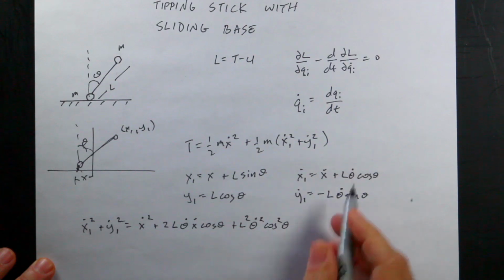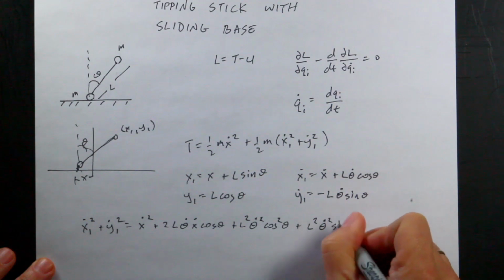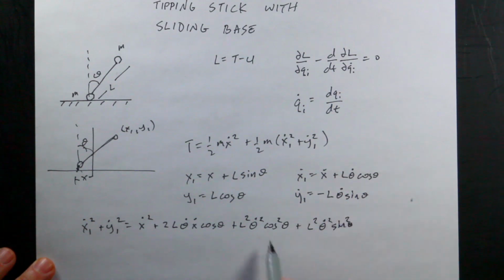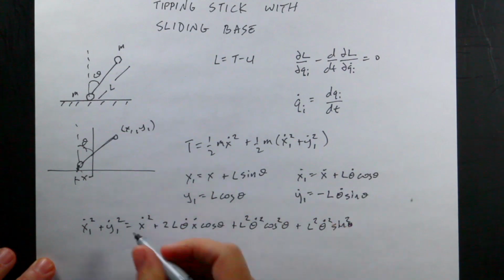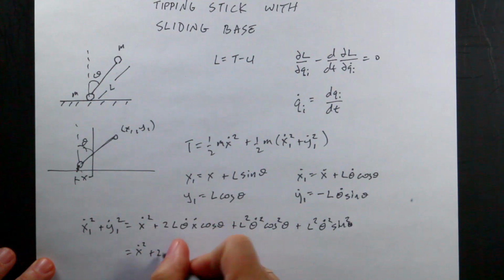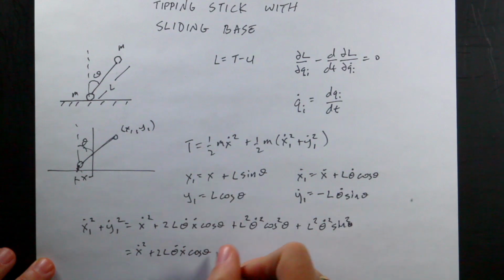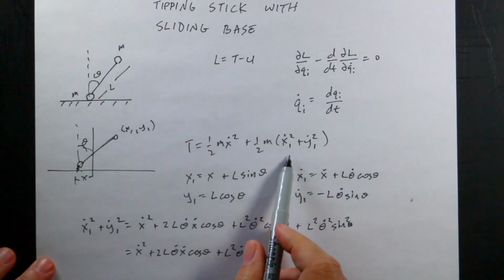And then I have to square this one, and that's easy, plus L squared theta dot squared sine squared theta. Now you'll notice right here that I can factor out the L squared theta dot squared, and I'll get cosine squared theta plus sine squared theta, which is 1. So that means this is going to become x dot squared plus 2L theta dot x dot cosine theta plus L squared theta dot squared. And that's my term right there.